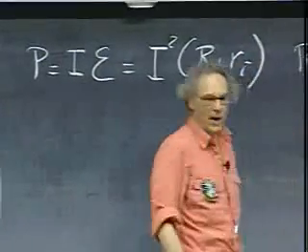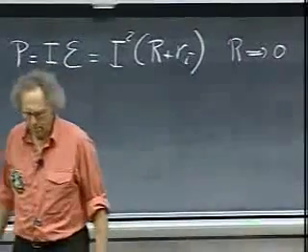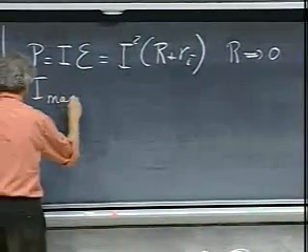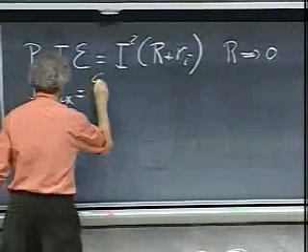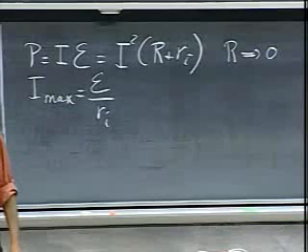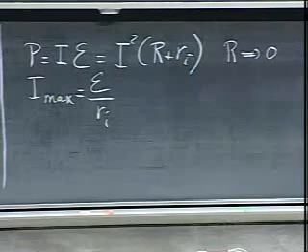And so if you make R 0 by shorting out the battery, then you get a current which is the maximum current that you can get, which is the EMF divided by R of I. So you've killed the capital R, it's 0 now.